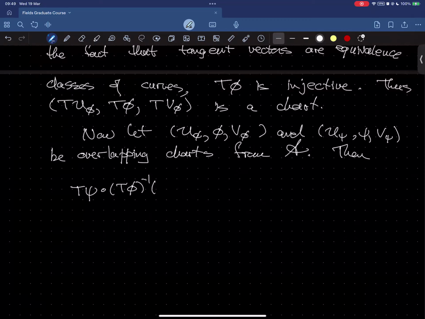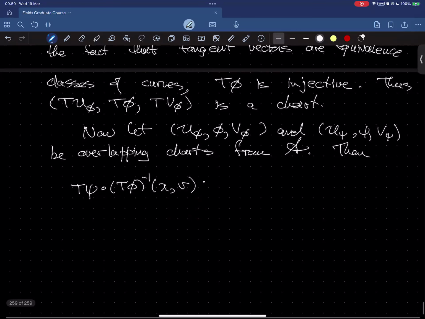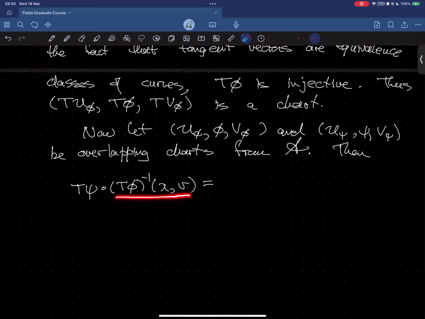This is going to be applied to a vector x v, which is in phi of U phi cross V phi, and then I'm going to map that into a point in psi of U psi cross V psi. Again, we basically just apply the definitions. So what's this? This is going to be a tangent vector at phi inverse of x.